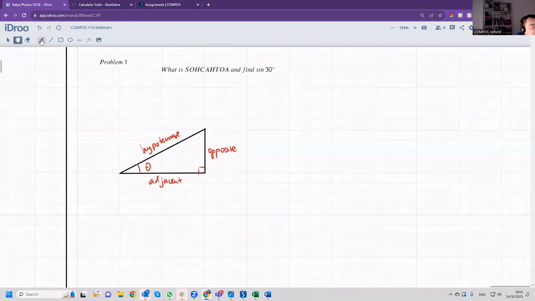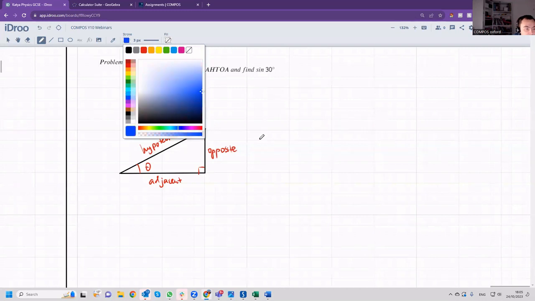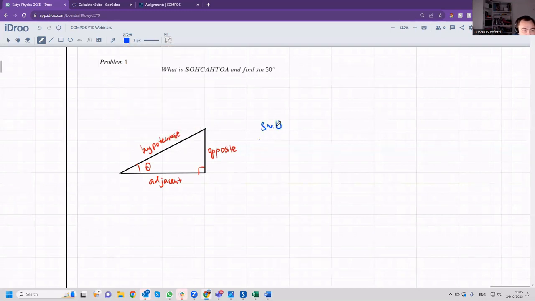And we know that sine theta is equal to the opposite over hypotenuse. Cosine theta is equal to adjacent over hypotenuse. And tan theta is opposite divided by adjacent.